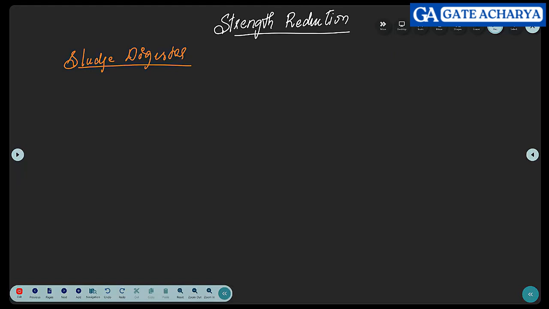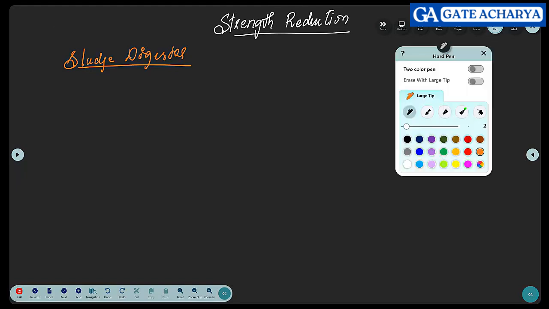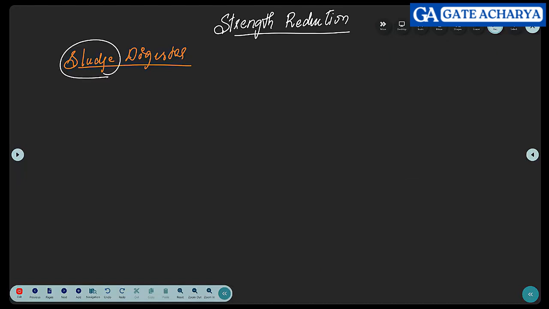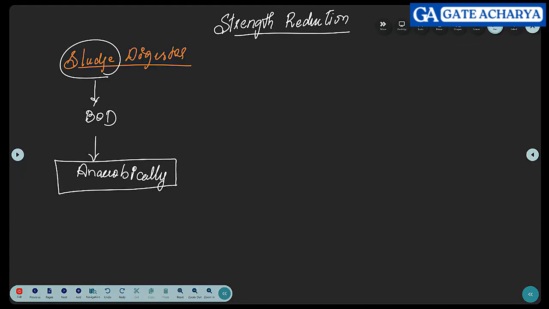In the sludge digester, the balanced BOD available in the sludge is digested anaerobically in two stages.